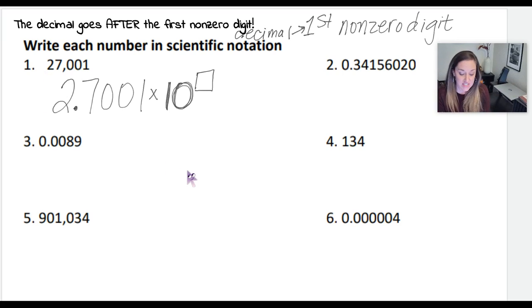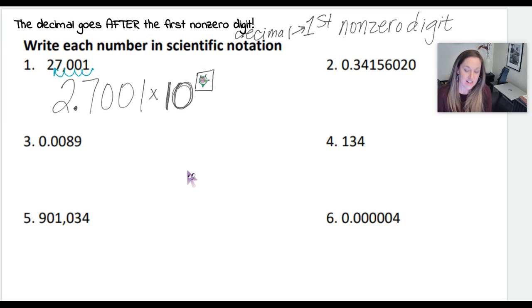So the way you find the exponent is you see how many digits the decimal moved. So it was here, right? Because if there is no decimal in a number, it's at the end. And now it's 1, 2, 3, 4. It's right there. 1, 2, 3, 4. So that is your exponent.